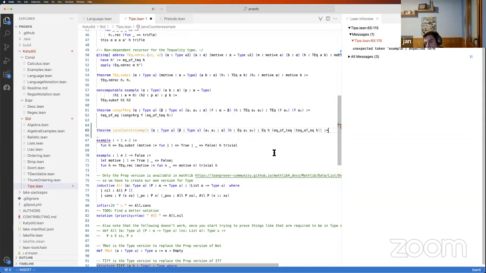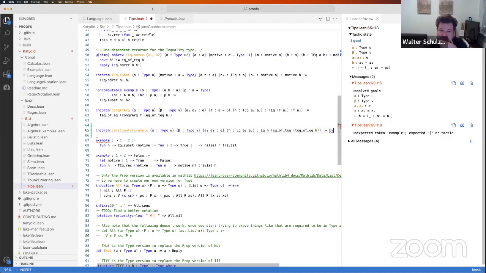If you have an EQ, in the REFL case, you can still prove H equals H here. Can we try that? If H is EQ, can we still prove that H is equal to H?